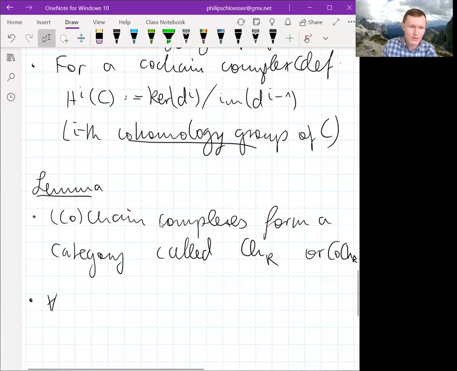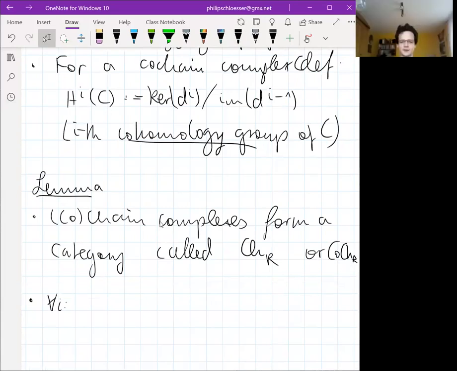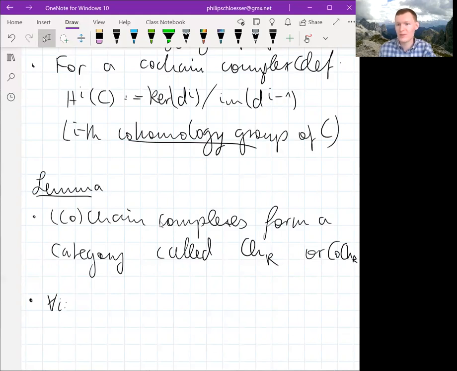And we have, is coCh not the same as Ch-op? Probably not. No, I don't think so.